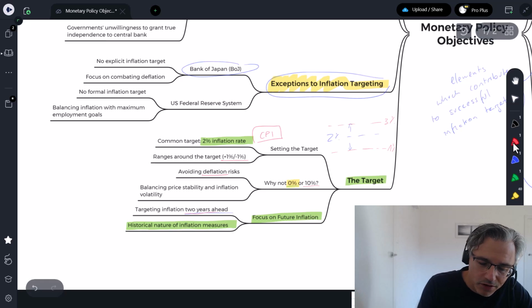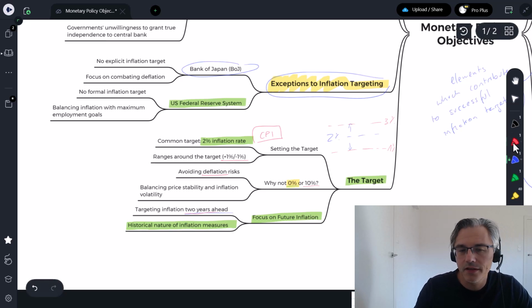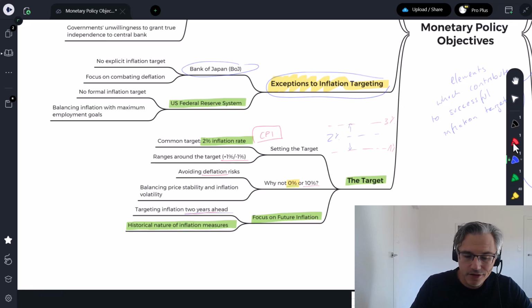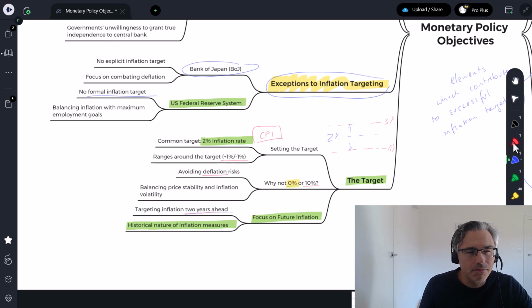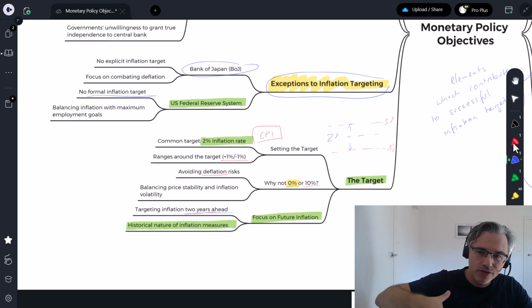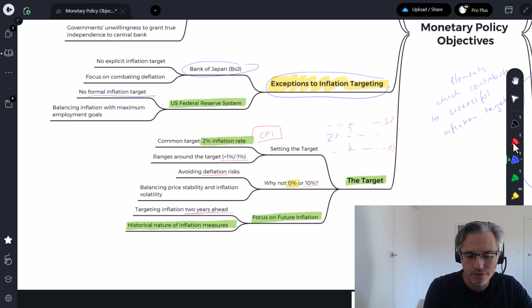And the even more important example is the US Federal Reserve. The Fed doesn't have a formal inflation target. You will not find it. And that's because when you look at the objectives of the Fed, inflation or stable prices are absolutely not the main objective, as is often the case.